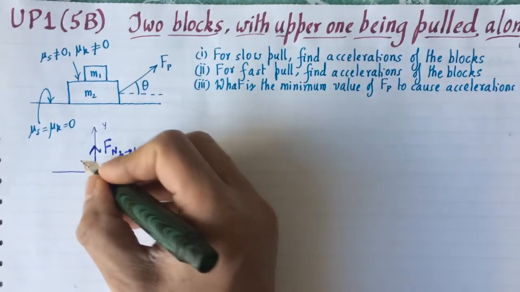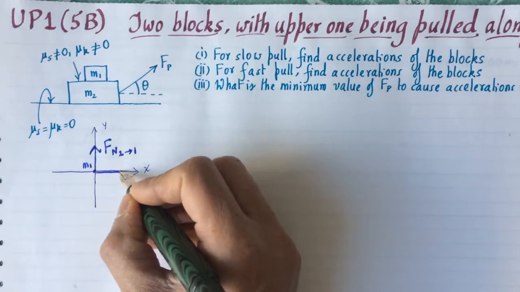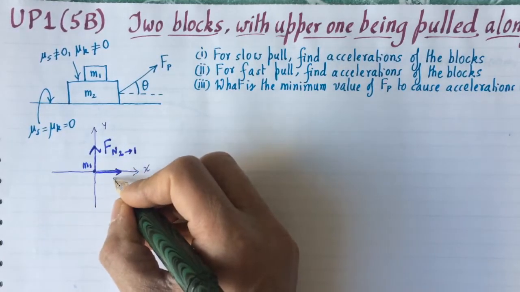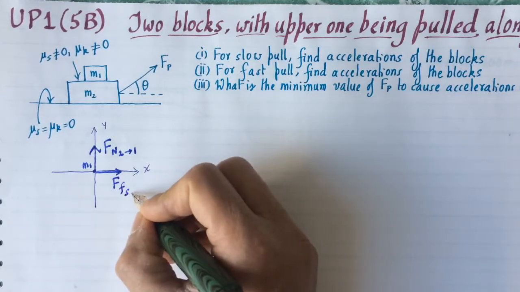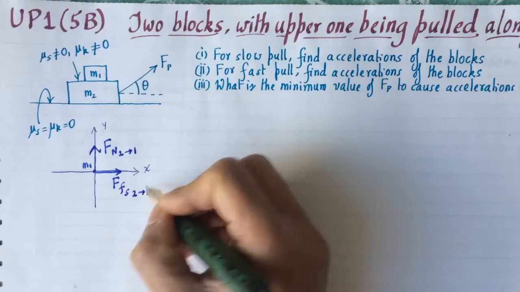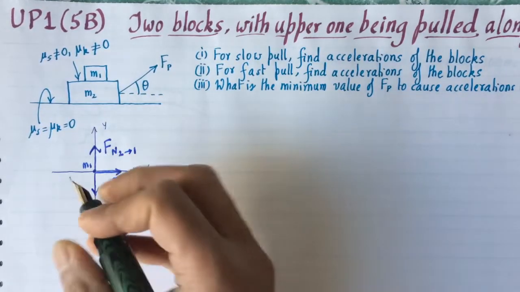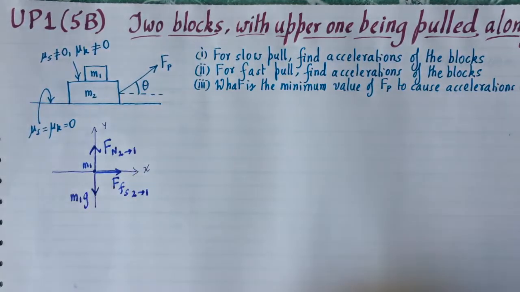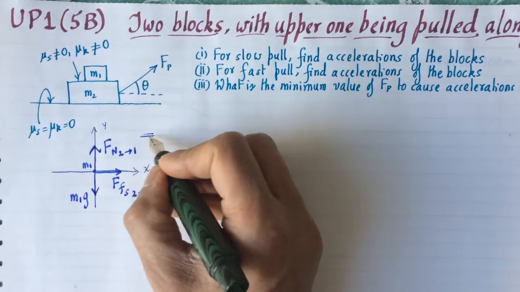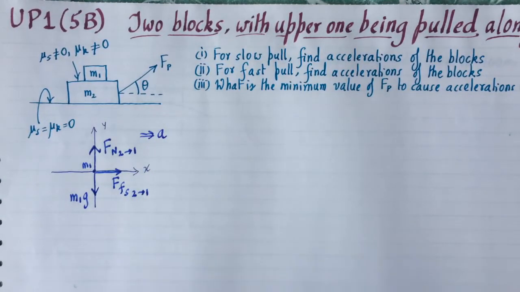The force of static friction, this is for the slow pull. For the slow pull, there's going to be no relative motion, so there's going to be a force of static friction acting 2 on 1. The weight, which I'll draw as big as the normal force, and that is m1g. And those are all the forces that act, producing an acceleration to the right, which I'll call a.